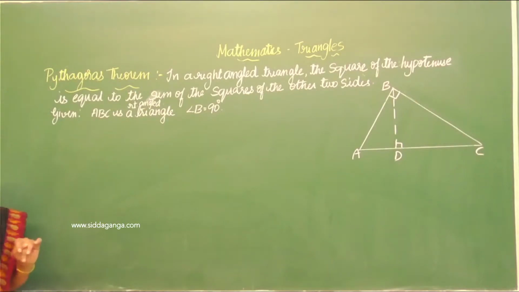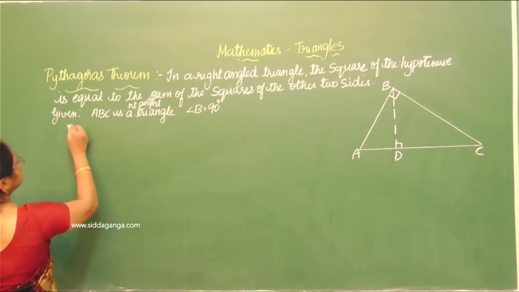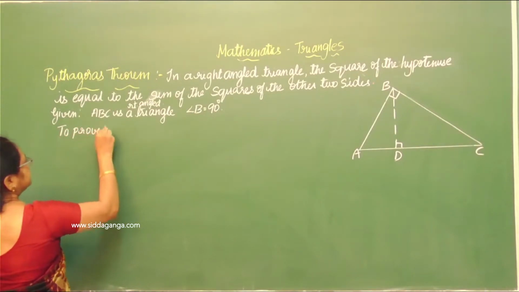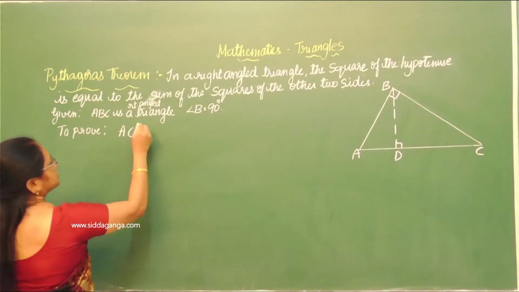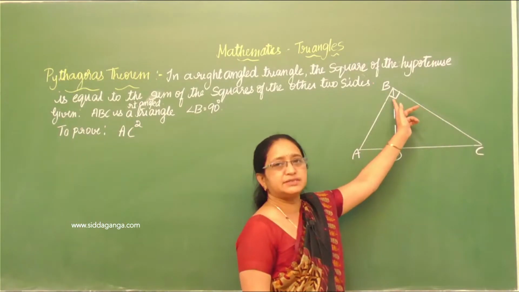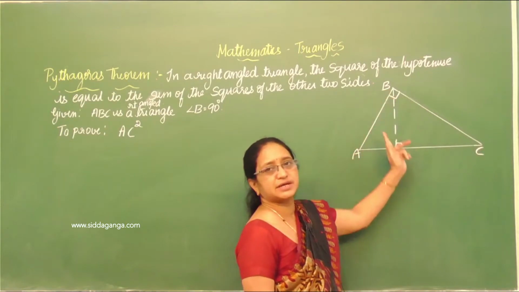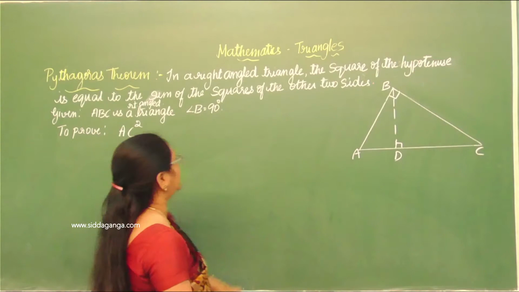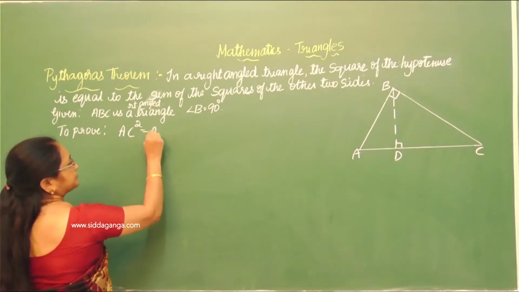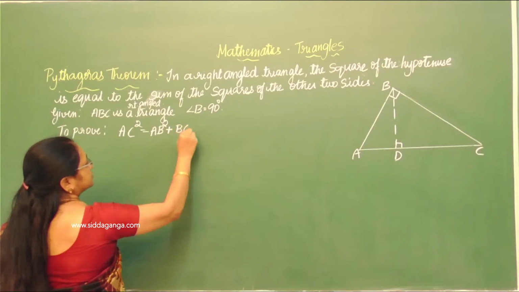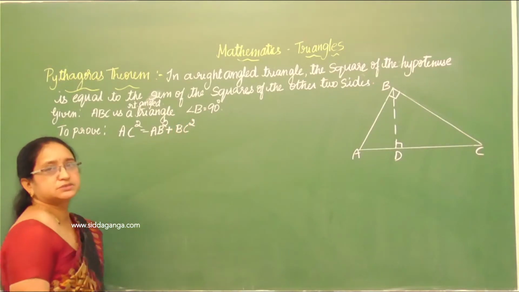Now what you have to prove? To prove: AC square. You all know hypotenuse is opposite to the 90 degree, that is opposite to angle B. Since angle B is 90 degree, AC square is equal to AB square plus BC square. So you have to prove this.